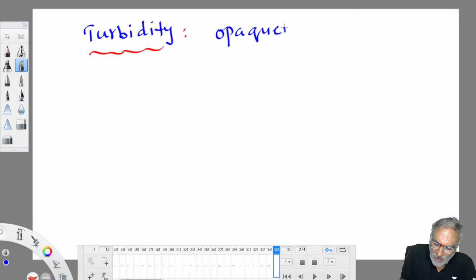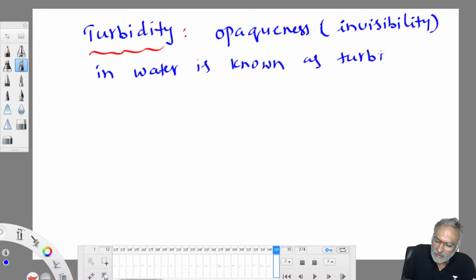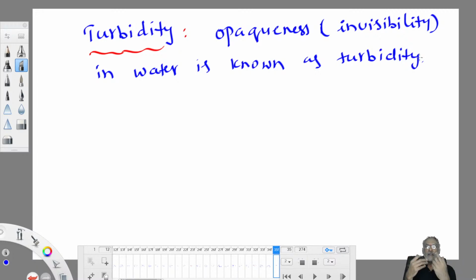Opaqueness means invisibility in water. Visibility means transparency. Opaqueness means invisibility. Opaqueness in water is known as turbidity. If anything is not visible in water, if water is not crystal clear and no object is visible in it, then we say that water is highly turbid.